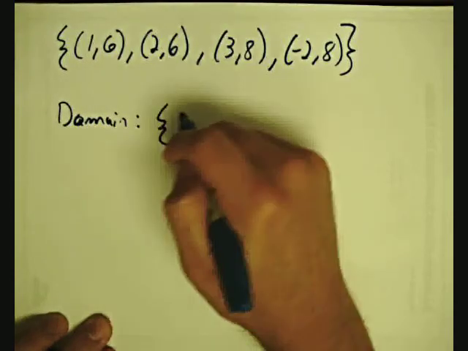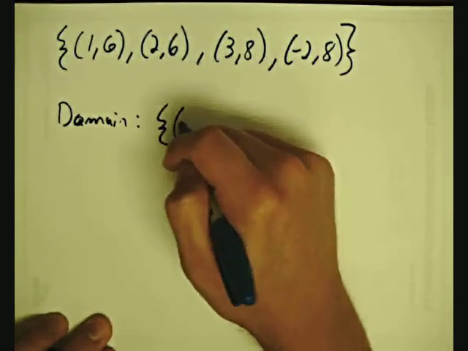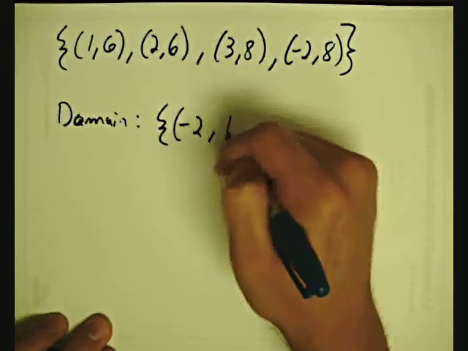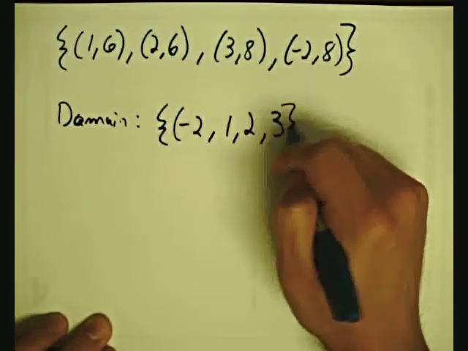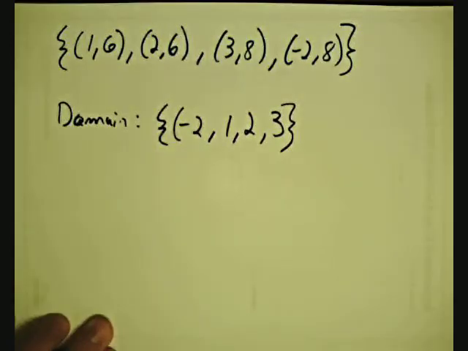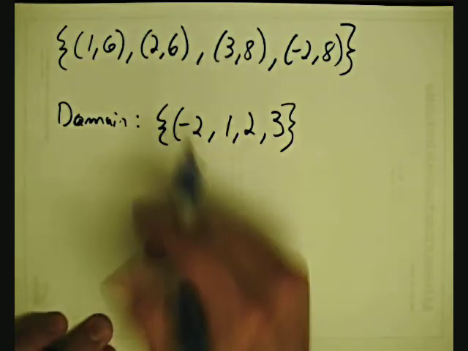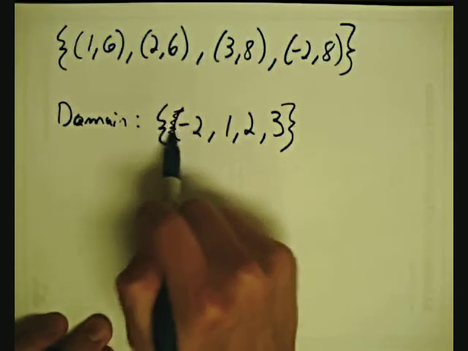So our domain is negative 2, 1, 2, and 3. Order is not important, but typically we put these in smallest to largest.